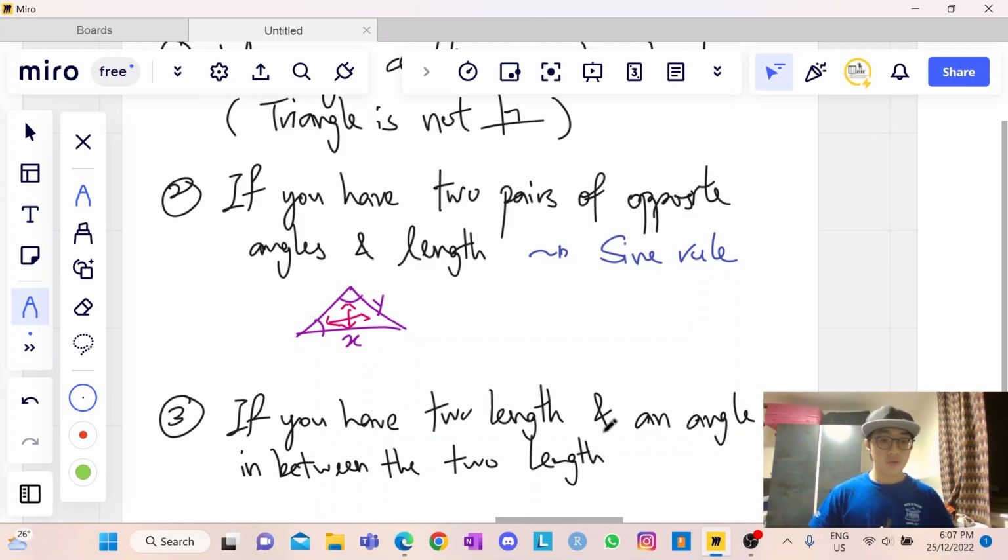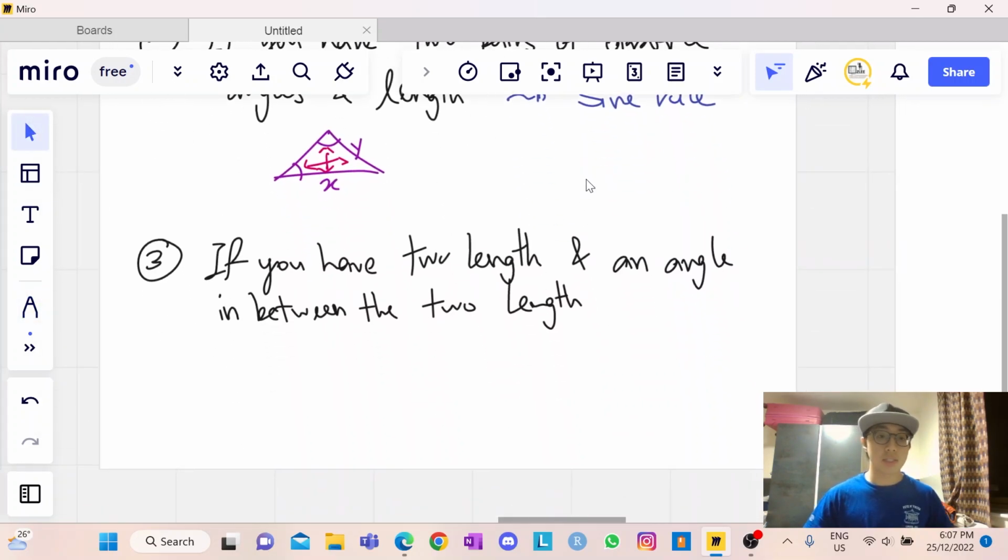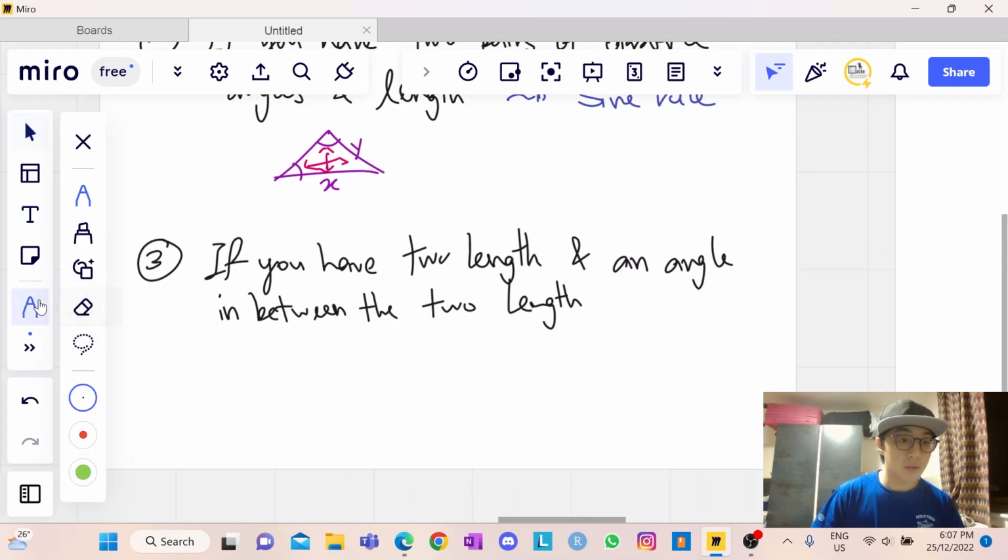If you have two lengths given and an angle in between, then you can look for the longest length. So you will be using cosine.